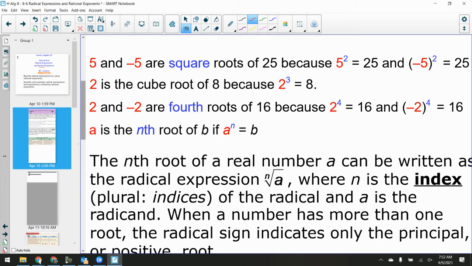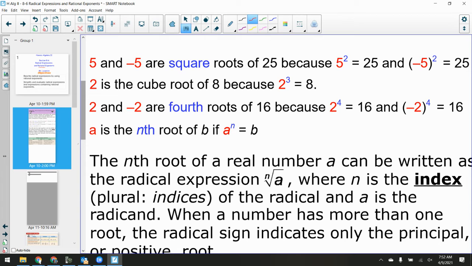The process of taking a third root, a fourth root, a fifth root, they don't have any special names. So the process of taking an nth root of a number is just finding a number that multiplies over on itself n times to get to that other value.